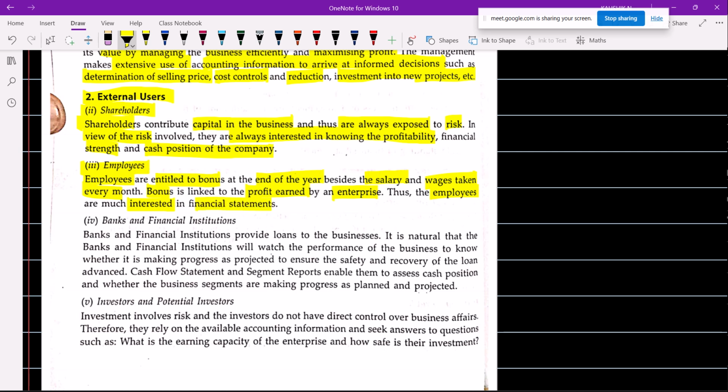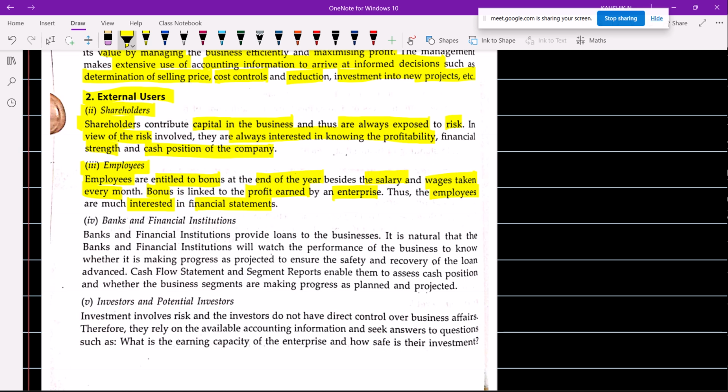So as an employee, they are very much focused on their self-development, which means they need an increment in the salary, a bonus, a hike in the salary. So the employees will be entitled to a bonus, and that is only at the end of the year. And this is purely besides your salary or wages, which is paid every month to you.